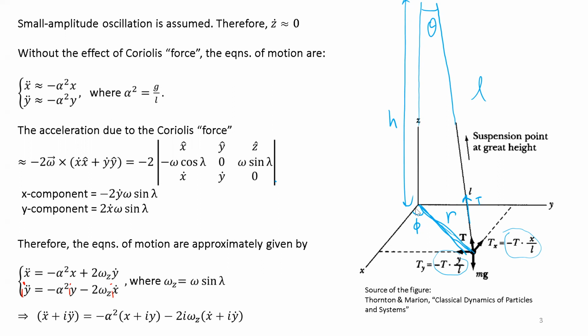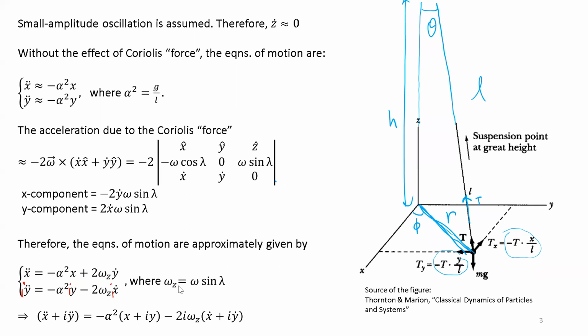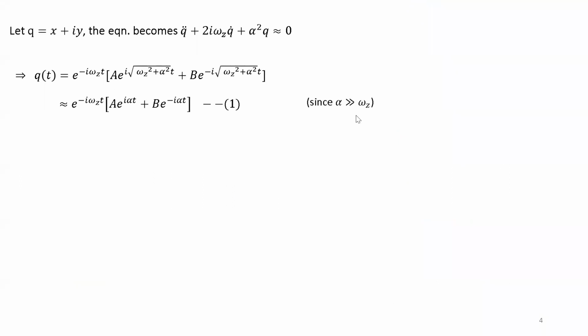On the order of seconds. And now omega z is omega times sine lambda. Omega is the Earth's rotation, as I mentioned earlier today, so this is a very small number, and times some number, omega z is a very small number. Therefore, alpha is much greater than omega z.